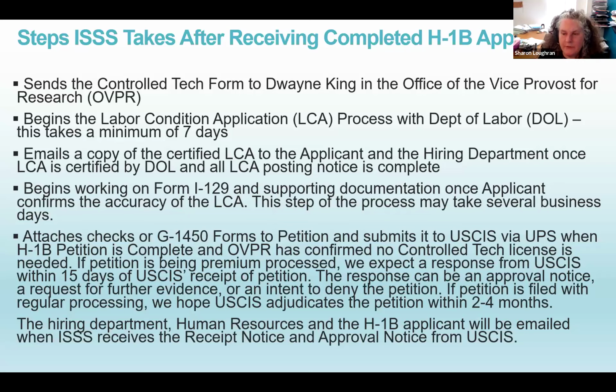Once I have the certified LCA, I'll send a copy to the applicant and the hiring department. The LCA, the H-1B has to approve, certify it, say it's okay. Then we start working on the actual application. That could take a few days, particularly if we need things. We attach the checks and send it via UPS to immigration.